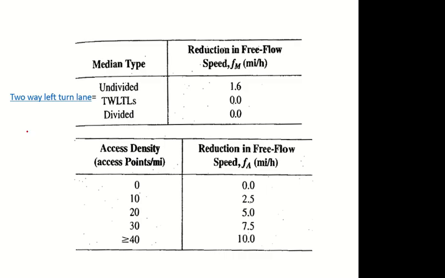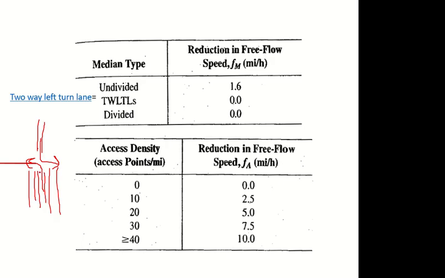Let's say you have 2 lanes here, and 2 lanes here. This one is your extra lane which you can use for left turning, and the lane is continuous. So even if there's a left turn here, even this vehicle can use the middle lane.